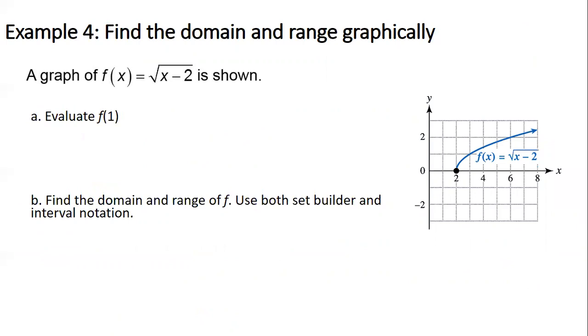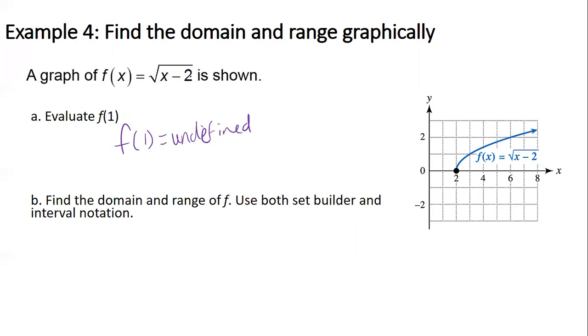So if I want to evaluate f of 1, when I try to evaluate f of 1 using the graph, what do you notice? Is there an f of 1? No. So what does that tell me about f of 1? It doesn't exist. It's undefined. The reason why it's undefined is because square roots have rules, right?